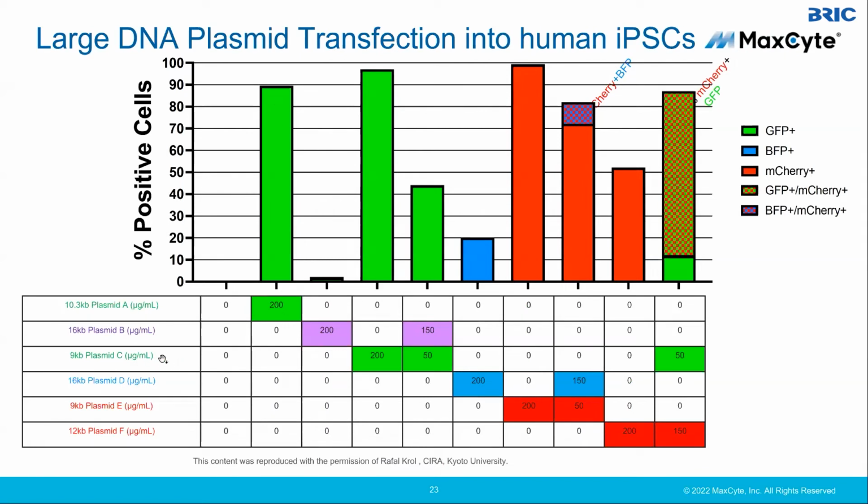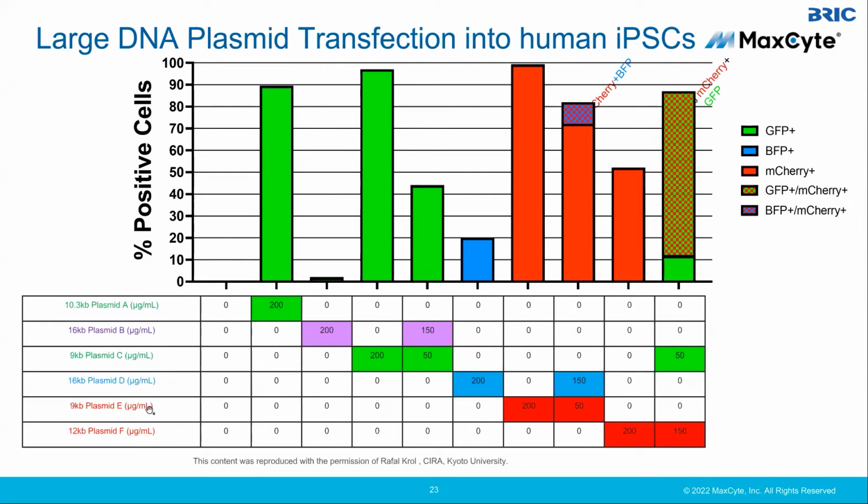This is customer plasmid that was about 9 kb. We're getting like over 90% expression. If you co-transfect the 9 kb with the 16 kb plasmid, we don't see any color from this plasmid B because it only expresses if you do something to it later. So basically the expression of the smaller plasmid does drop a little.